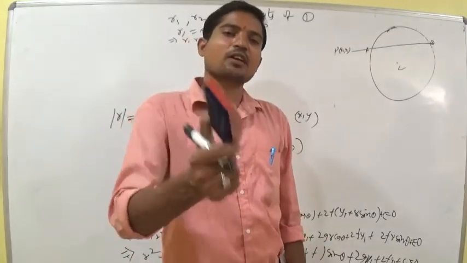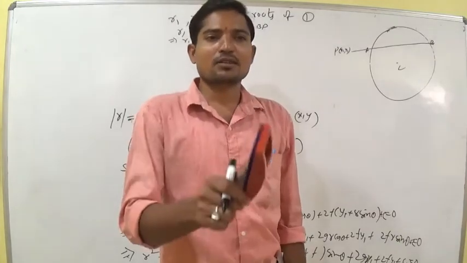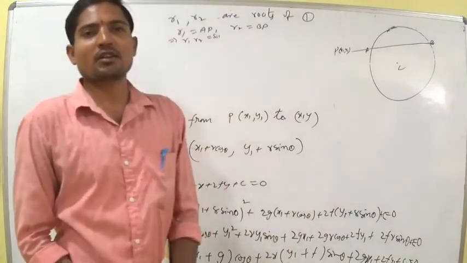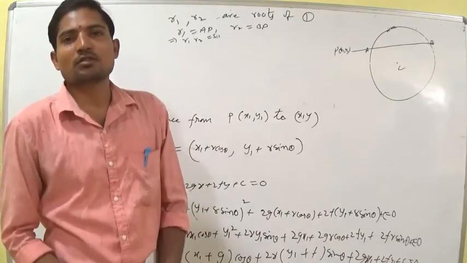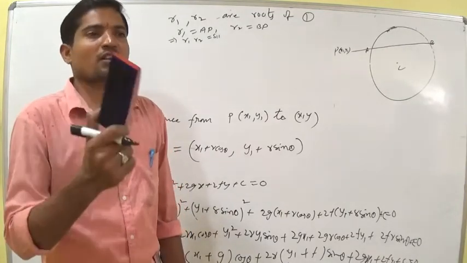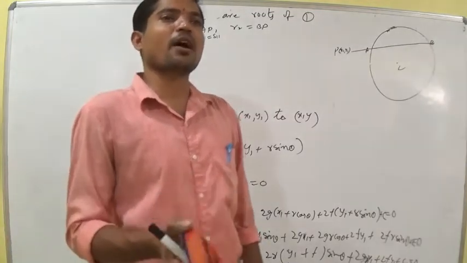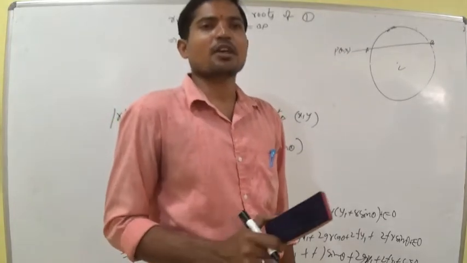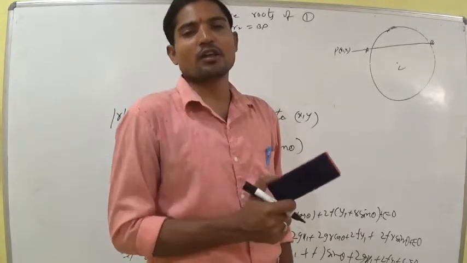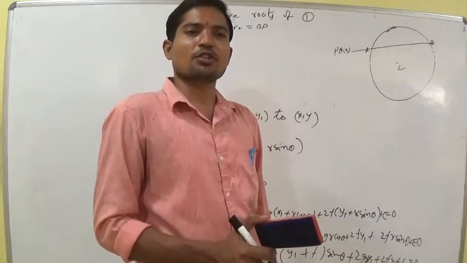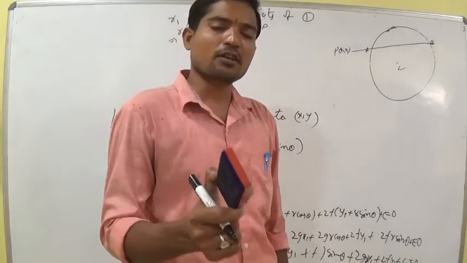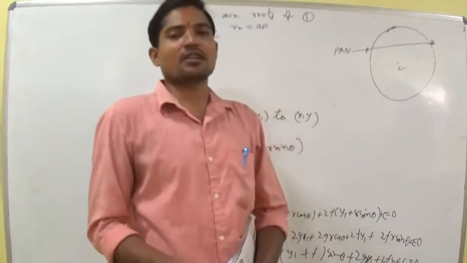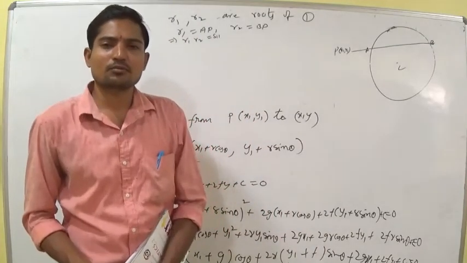If the radius of a circle is 0, then that is a point circle. Whatever point you take, suppose (minus g, minus f), the radius is 0, then the point represents (minus g, minus f), and at the same time the center also.